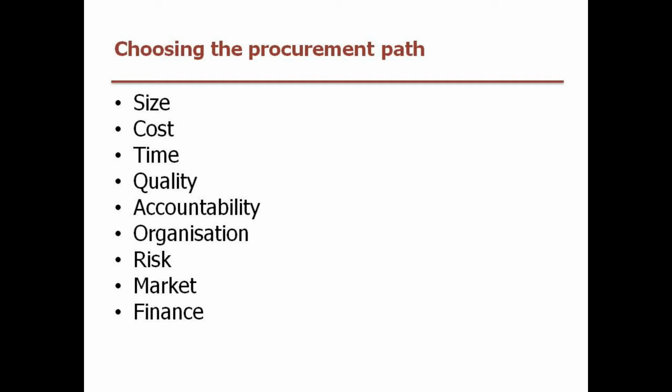There are many issues that governments and larger clients need to consider when choosing a non-traditional procurement path, and I've listed them out here briefly. The size: if it's too small, it's not going to be suited to a partnering arrangement. Design generally requires large prototypes. Cost and competition, as we talked about in earlier presentations, it's very important to get the competition of the marketplace involved.